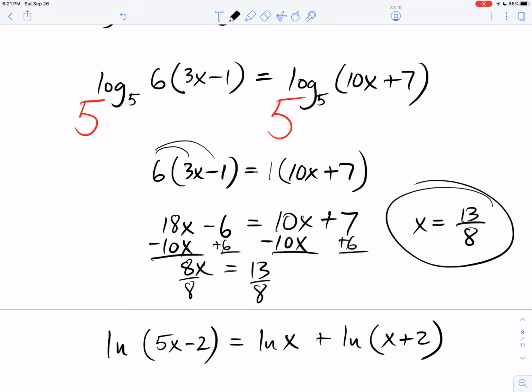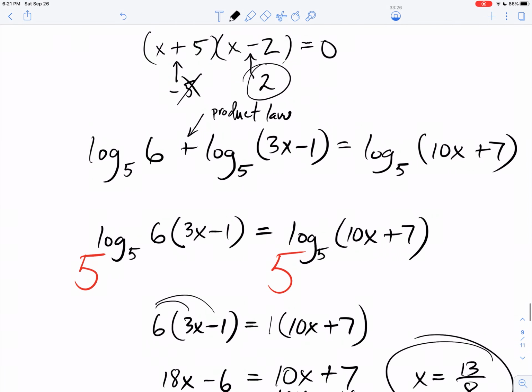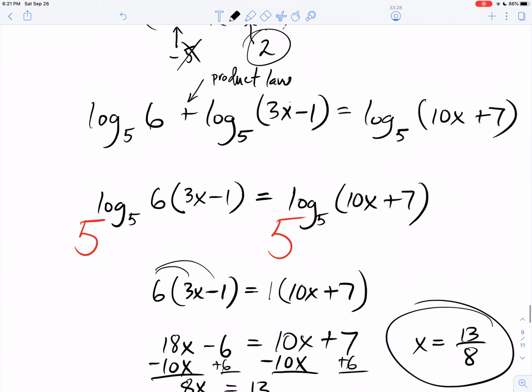13/8. Now 13/8 is not the prettiest number I've ever met in my life, but here's what we care about. If I were to plug 13/8 back into the original, 3 is a positive number. 13/8 is a positive number. If I multiply those two guys together, they're positive, and they're also way bigger than 1.